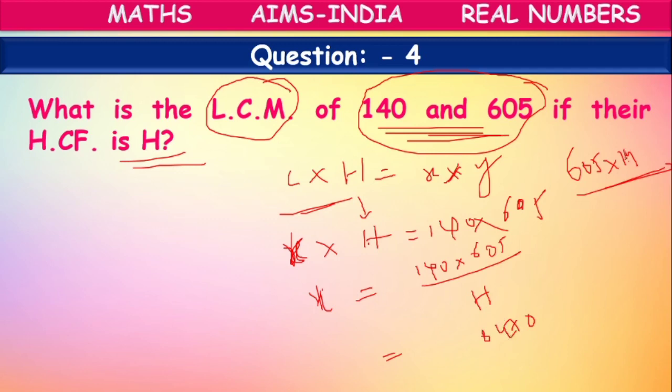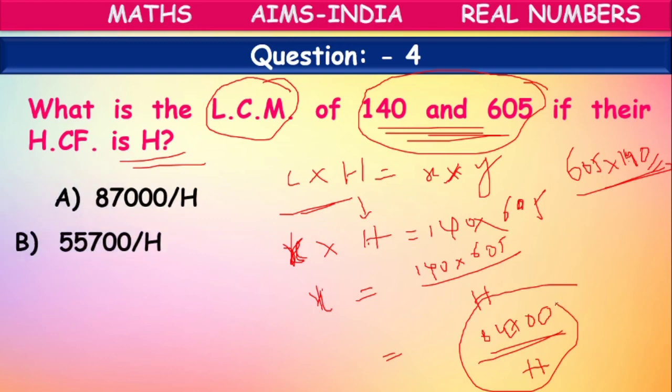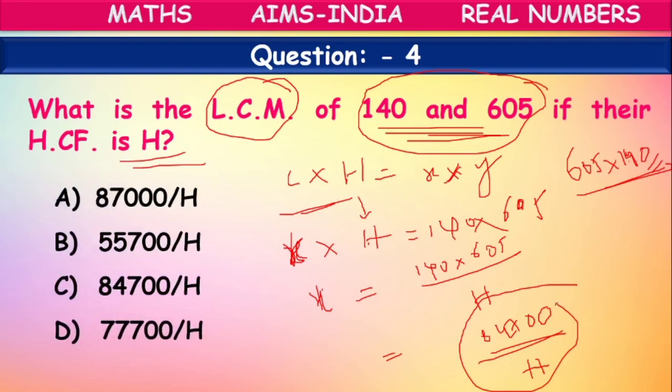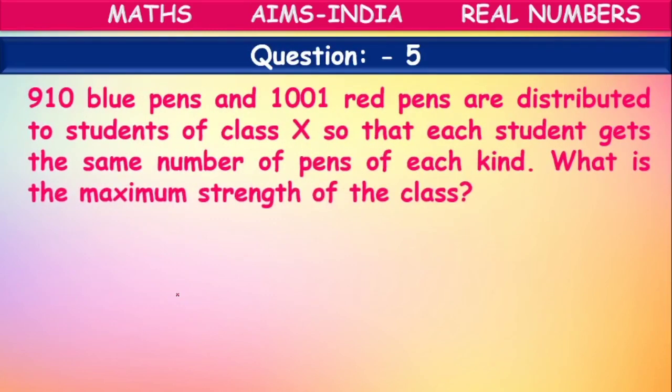But we have multiplied with 14, but the actual number is 140, so 1 extra 0 is there. We can keep it here. 84,700 by H. So what is the answer, children? C option. 84,700 by H.